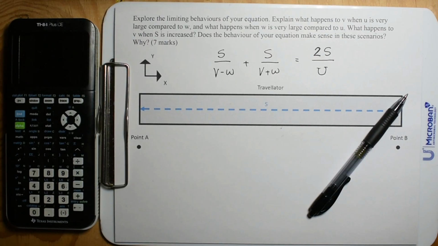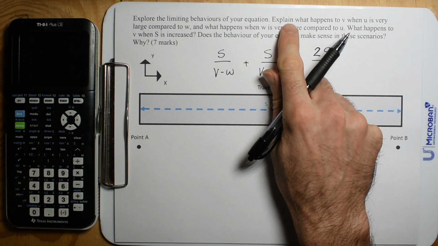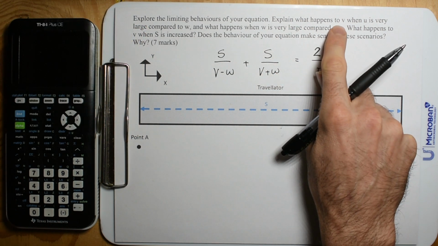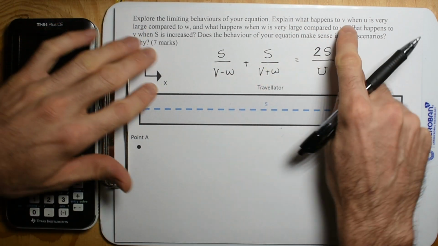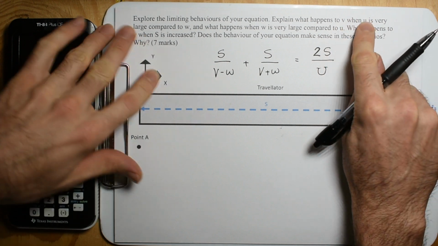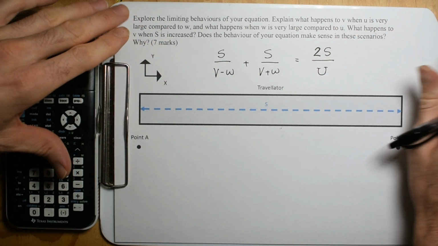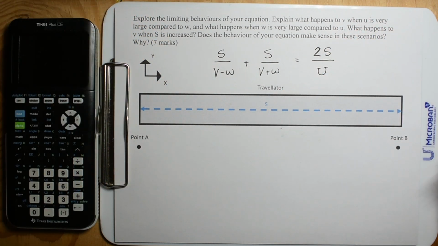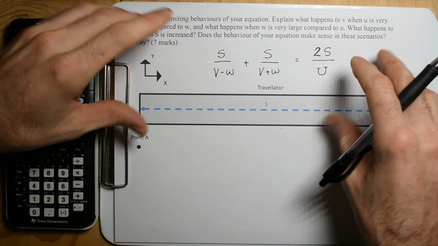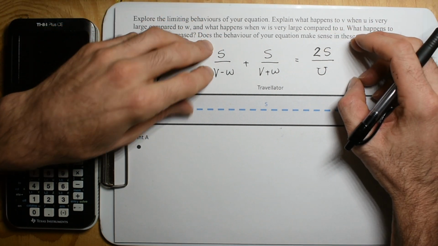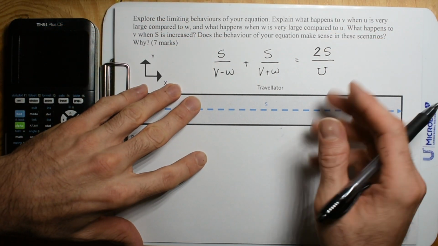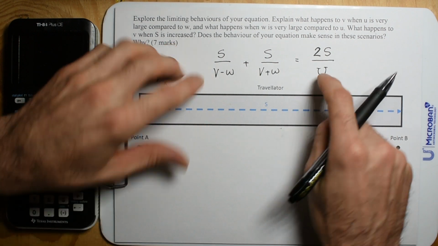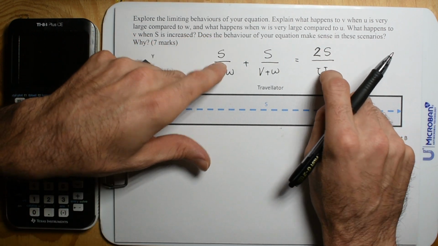All right, so the first question says, explain what happens to Malachi's speed, to v, when the group speed is very large. Okay, so since this problem already stated that you got the algebraic expression, this is where you can just start playing around with things, especially since you have ratios.